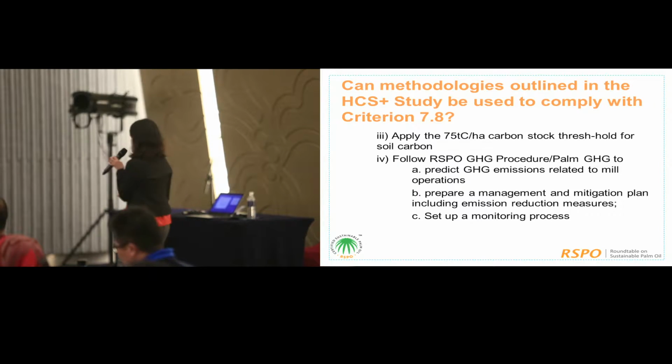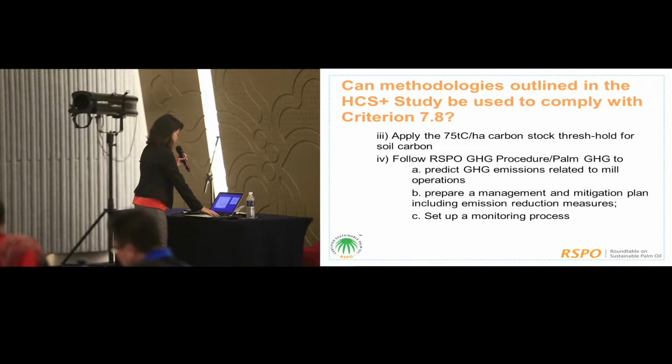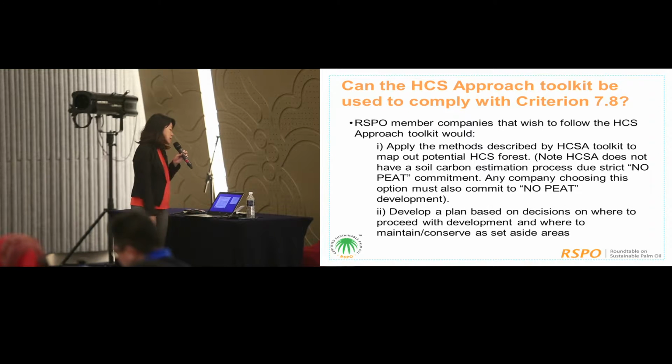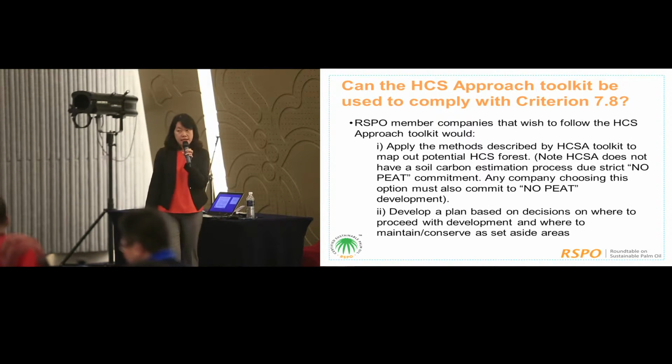So you need to do the rest to comply with the rest of 7.8. Similarly with the HCS approach, if you subscribe to the approach, you do everything as the approach does, but all the additional components of the RSPO greenhouse gas procedure still apply, because the HCS approach also does not talk about a management and mitigation plan.